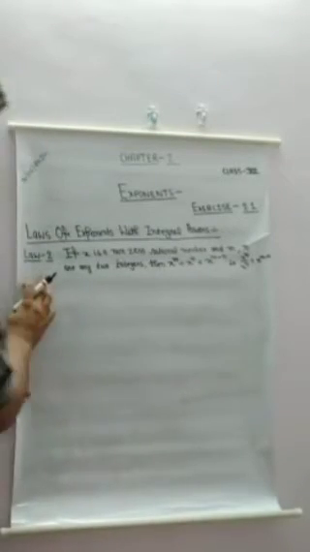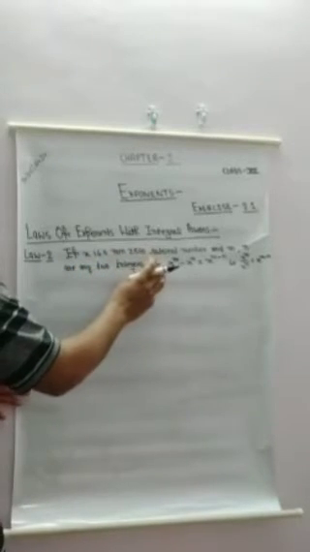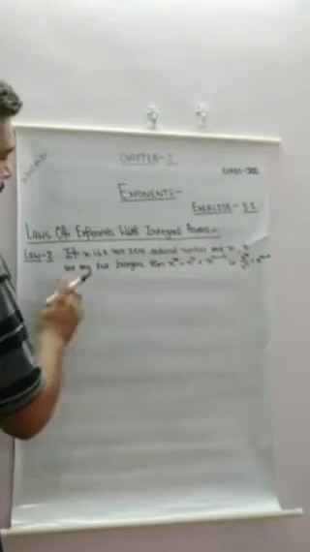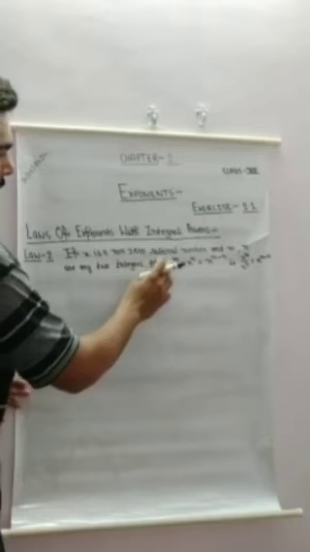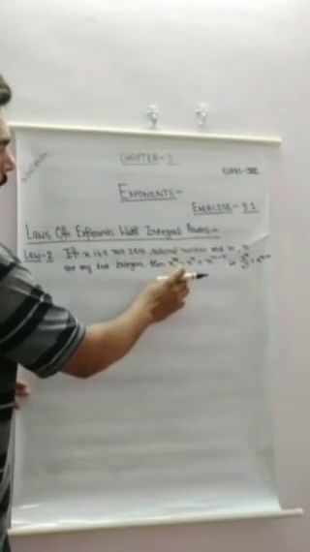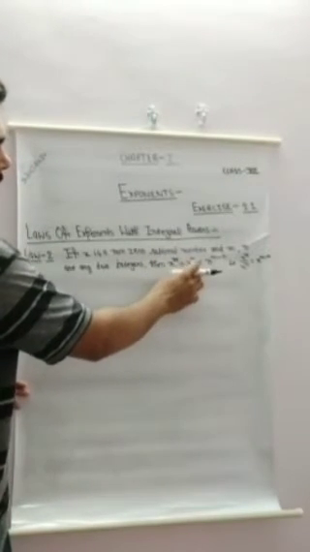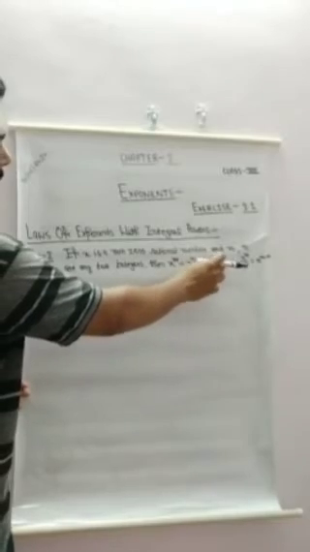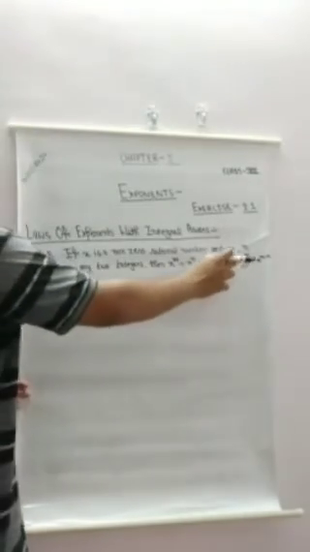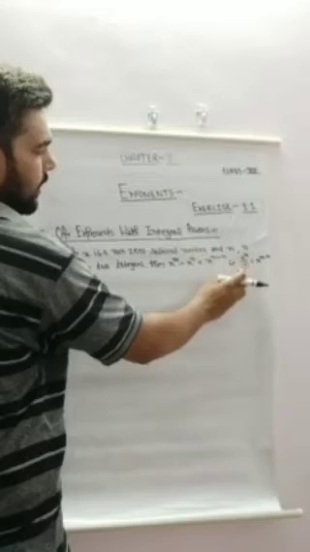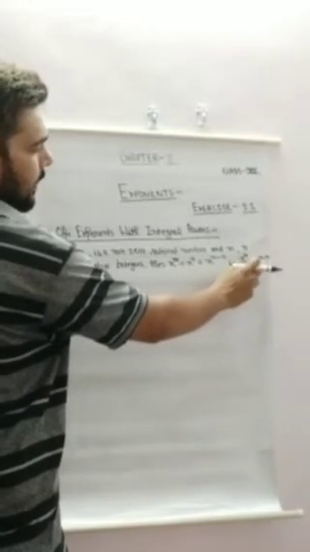Law second. If x is a non-zero rational number and m and n are any two integers, then x raised to power m divided by x raised to power n is equal to x raised to power m minus n. That is, x raised to power m upon x raised to power n is equal to x raised to power m minus n.